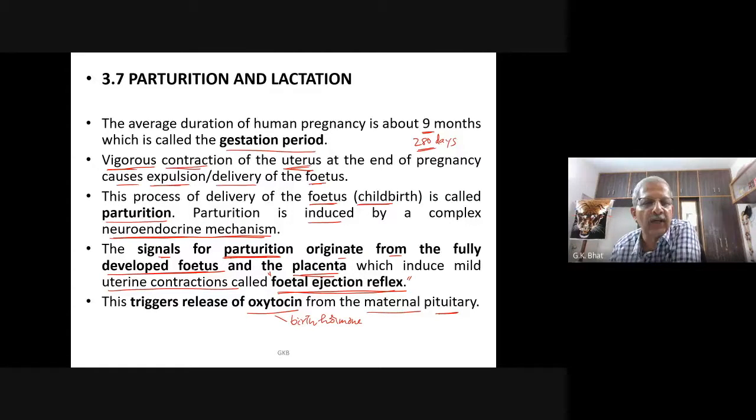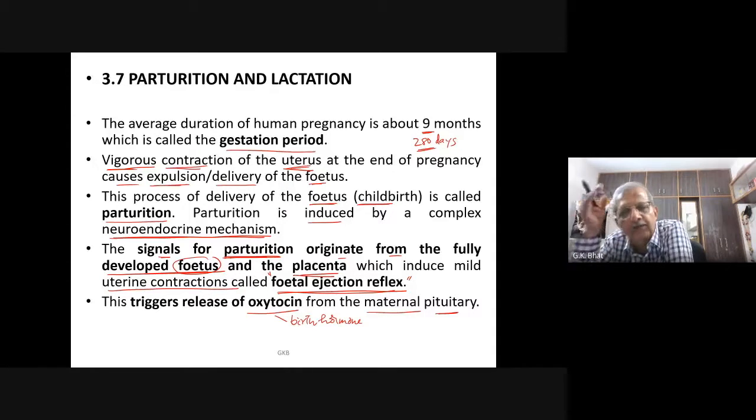Once the fetus is fully developed, it presses on the uterine cervical region. When the fetal head presses on this cervical region of the uterus, the signal passes from there to the brain.